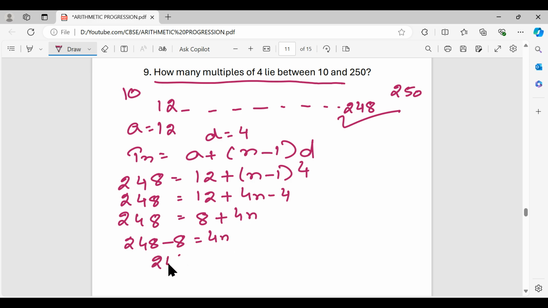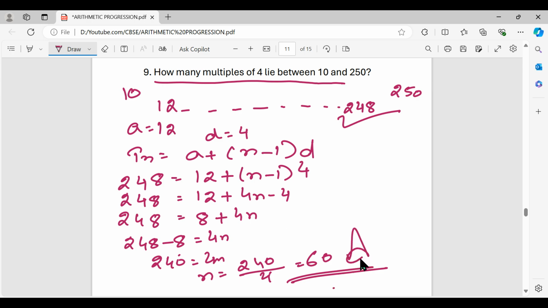So 240 equals 4n, and n equals 240 upon 4, which gives you 60. So there are 60 multiples of 4 lying between 10 and 250.